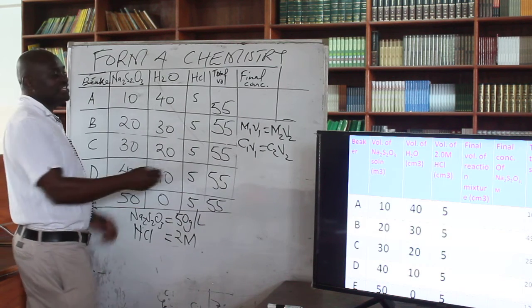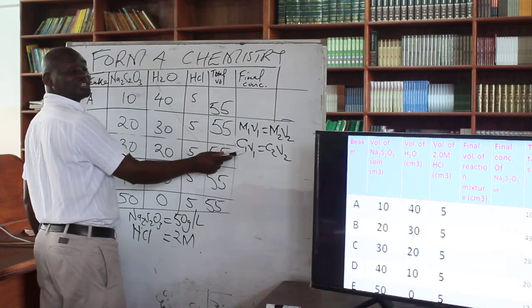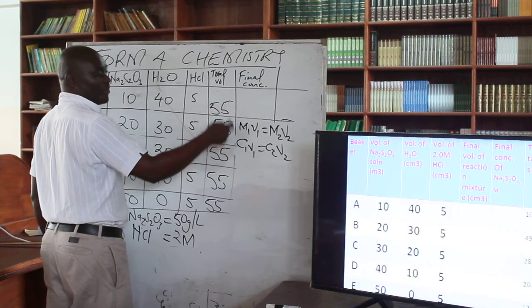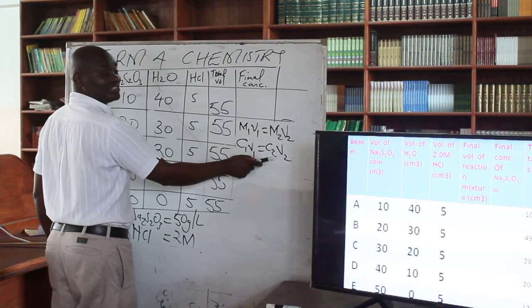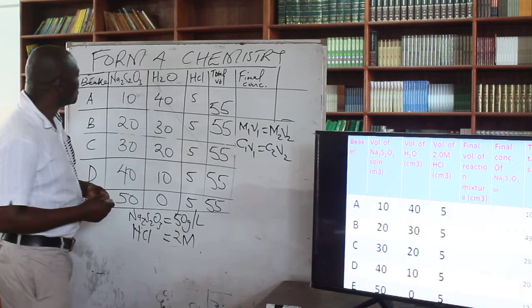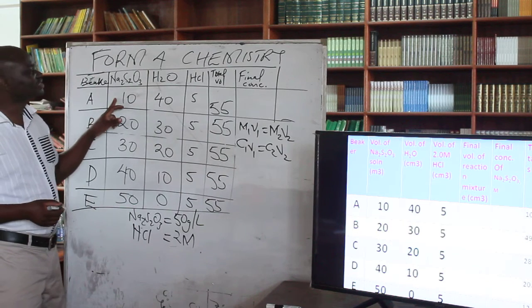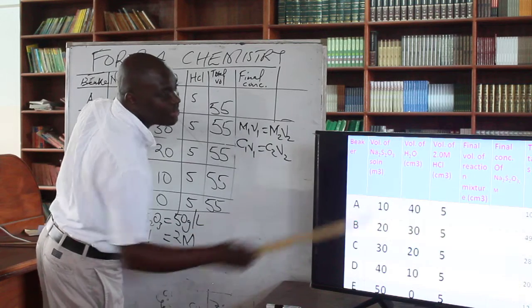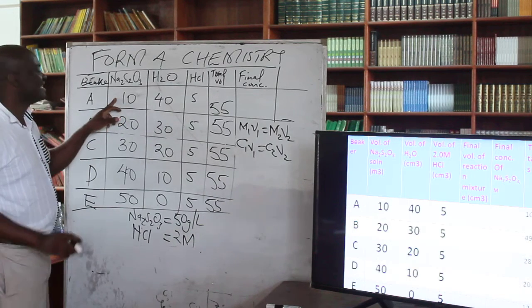The original concentration times original volume will give you the final concentration times final volume. What we need is the final concentration of sodium thiosulfate.